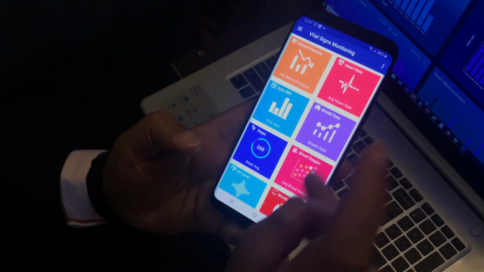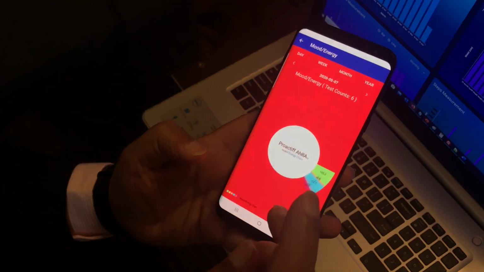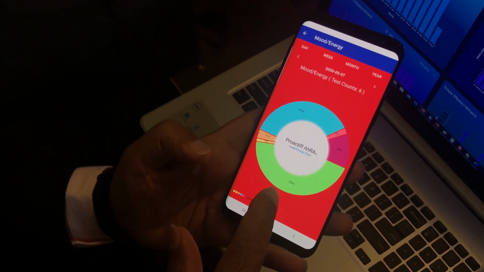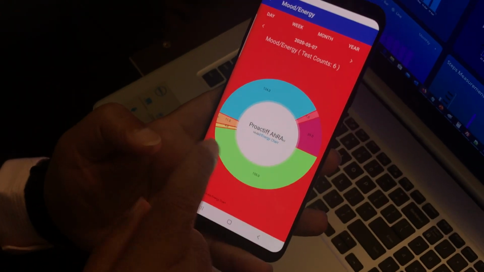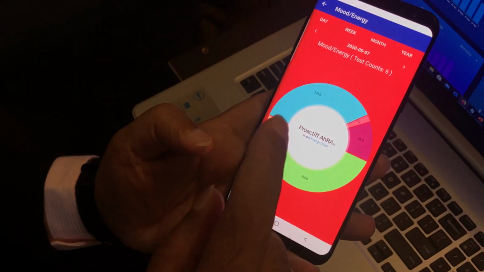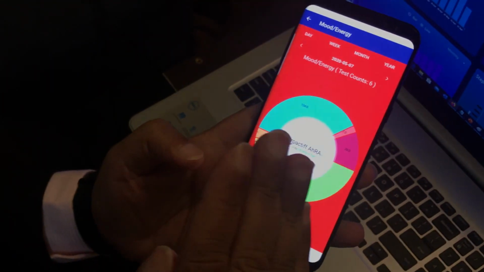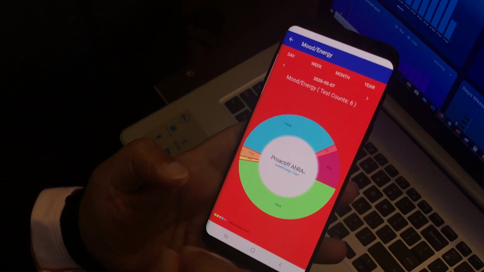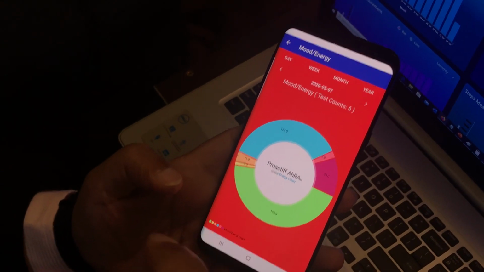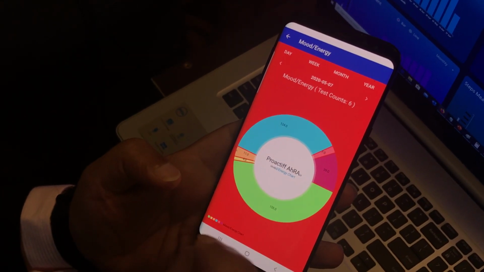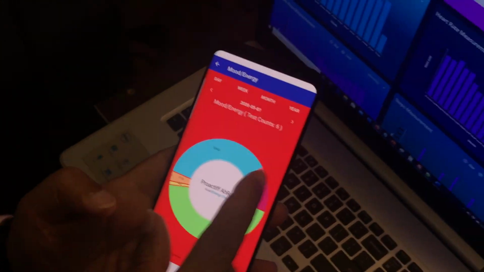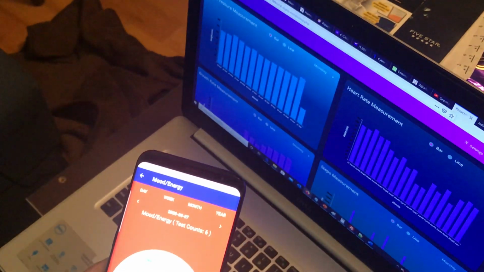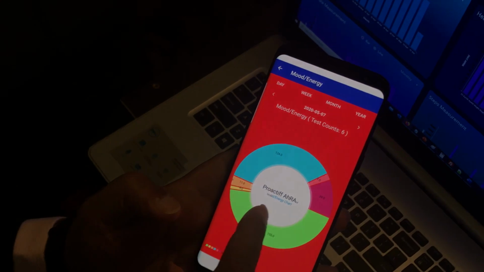Now let's explore how the mood and energy is going to look like. This is a very impressive graph where it shows the entire plot of how well you're doing mentally, right from your mood, which could be calm, excited state, to anxiety, stress, and depression. The various sectors that you are seeing represent different color connotations.